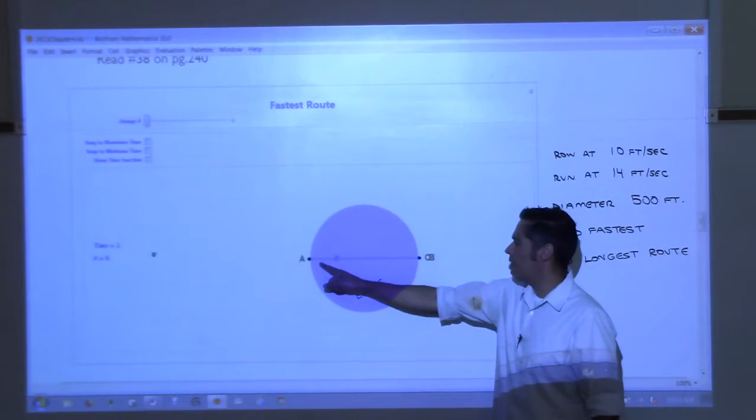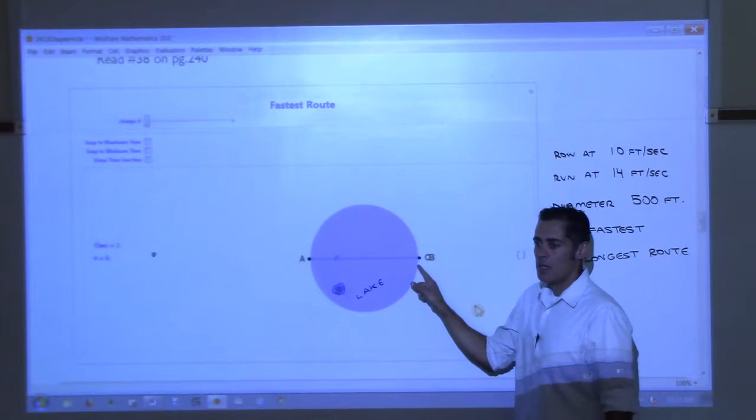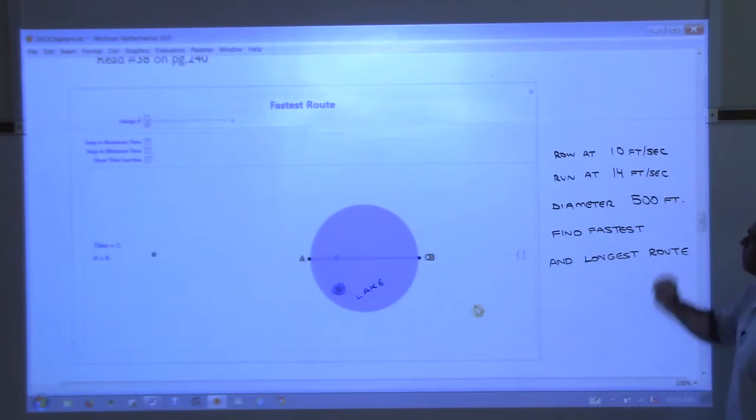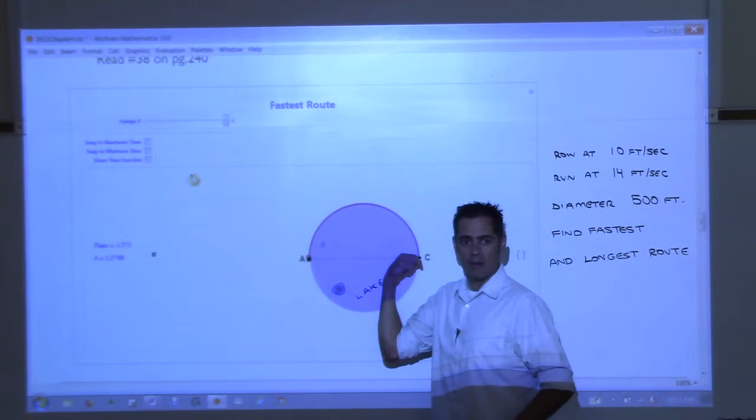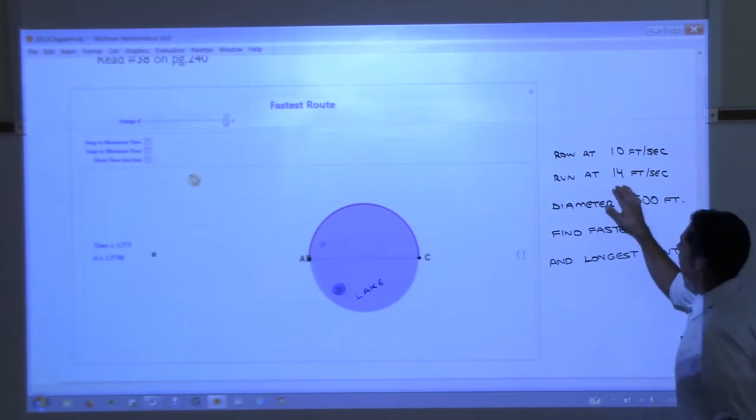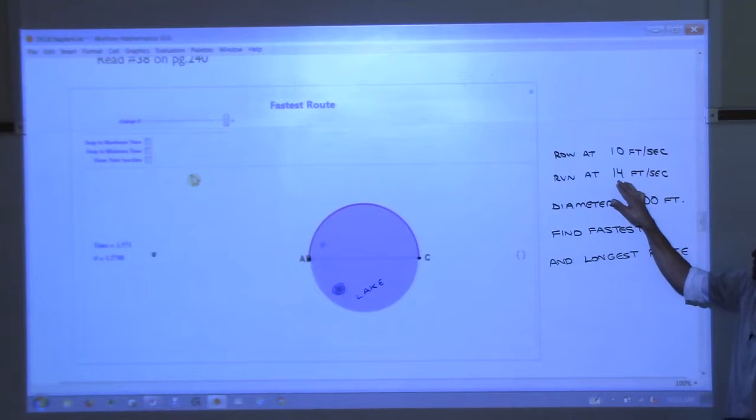Just row across straight from point A to point C. They would travel at 10 feet per second over 500 feet. You know how long it would take them, right? But they could also decide to not row at all and walk the whole way, right? Or run. They can run faster than they can row, but they have to go a longer distance, don't they?